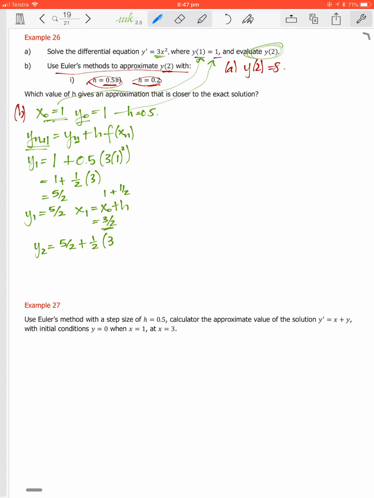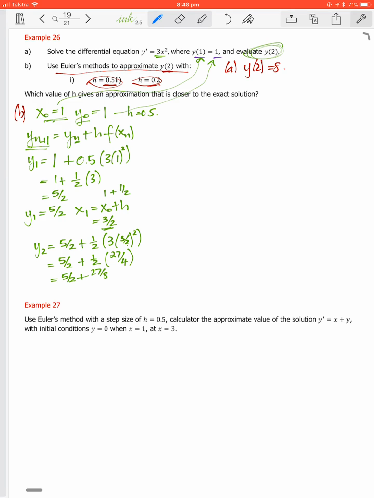We've got to times it by 3. I get 27 on 4. So here we end up with 5 on 2 plus 1/2 of 27 on 4, which is 27 on 8.